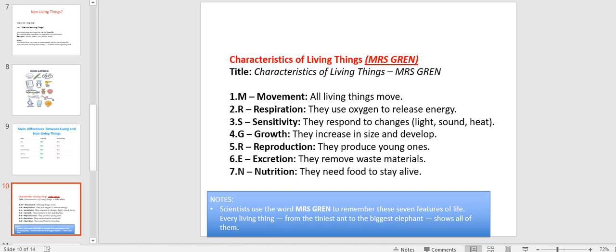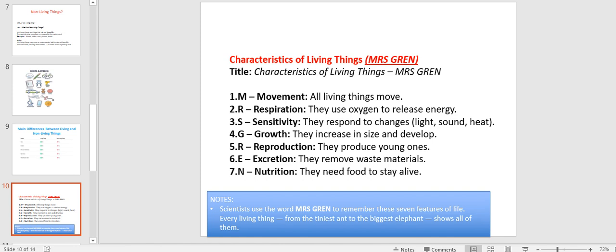Mrs. GREN is an acronym that is used to refer to the characteristics of living things. Each letter in the word Mrs. GREN represents a certain characteristic. We start with M, movement.